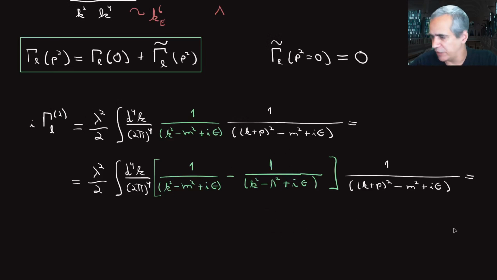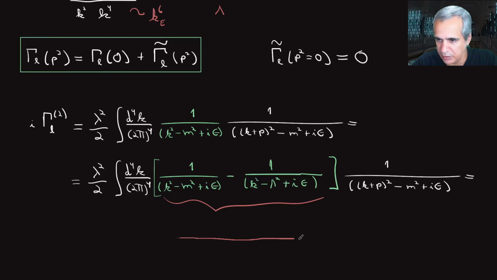And of course, I can do some algebra here and put these two terms together. This will be just this denominator times this one. I missed some squares here.